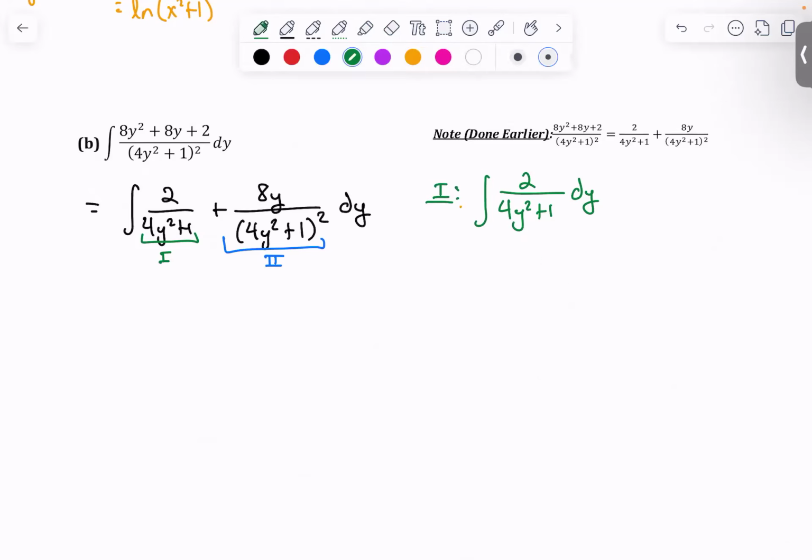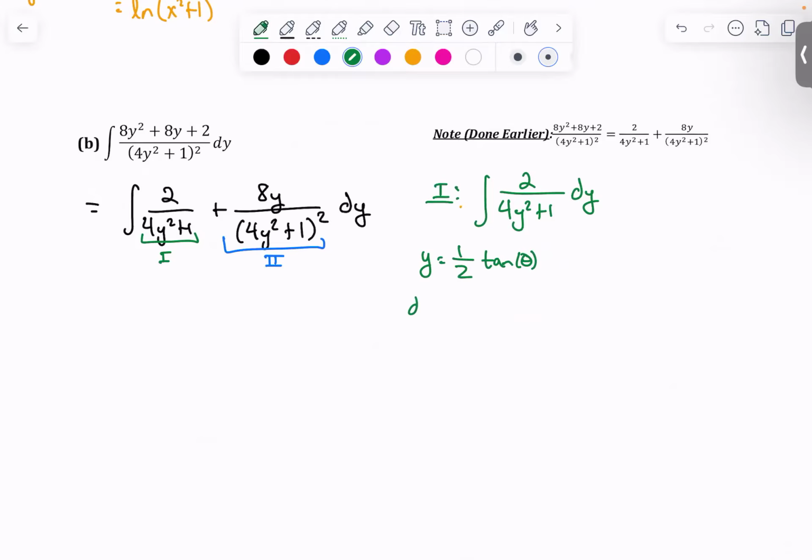That looks familiar. Trig sub. Trig sub, exactly right. We will make y equal to 1/2 tangent theta, because we want to get the 4 away and get it to be just a 1. So that's why we have the 1/2 there, so that when we square it, the 4 and the 1/4 cancel.